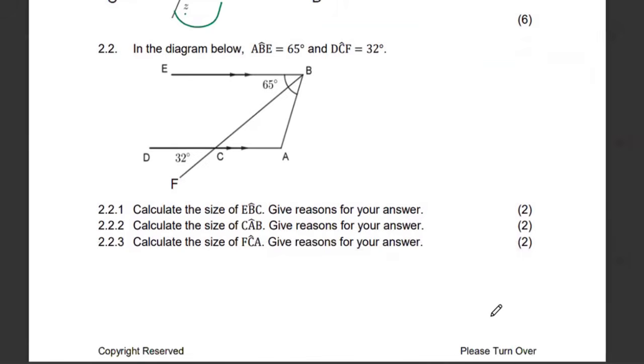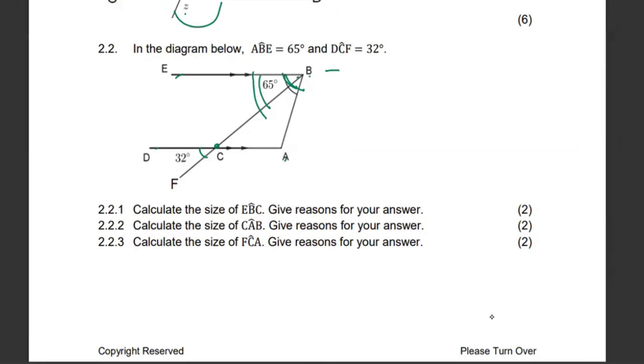2.2, if ABE is 65 and DCF is 32, calculate the size of EBC. E, B, and C, which means they want the size of this angle.